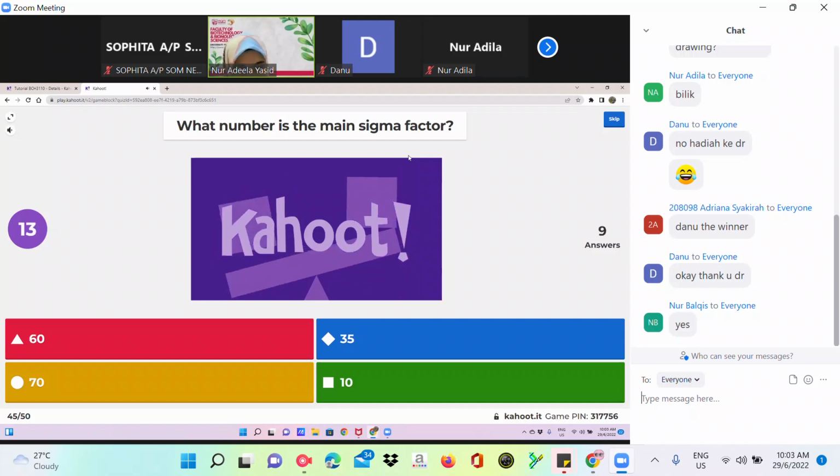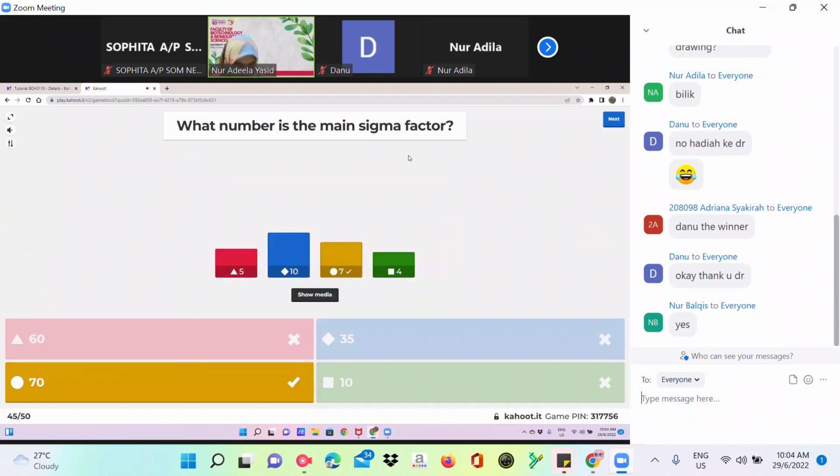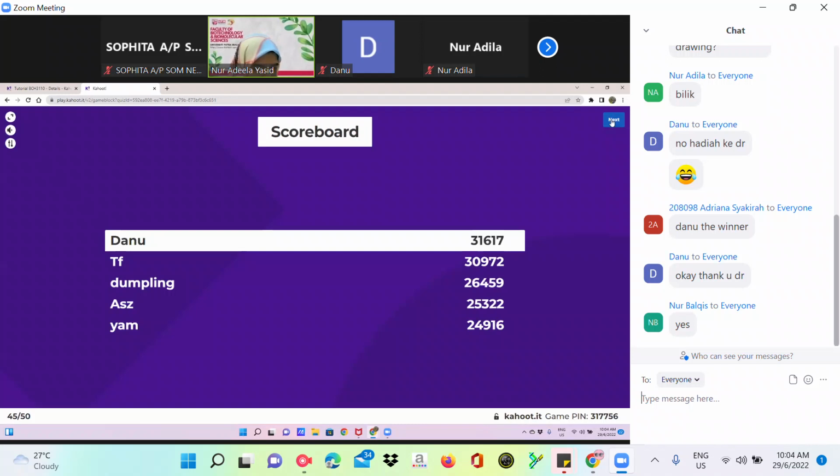Okay, the main domain for sigma factor. So the answer is sigma 70. If you do your own reading, internet ke Google ke textbook ke, you will find about sigma 70.